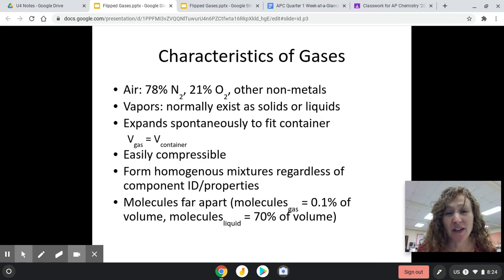Okay, so first of all, the most common gas that we're going to talk about is air, and air is mostly nitrogen. It's about three-quarters nitrogen. So as you're breathing, the majority of what you're breathing is nitrogen. Nitrogen is an extremely stable compound. It's fairly inert.